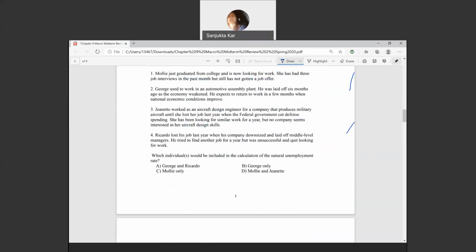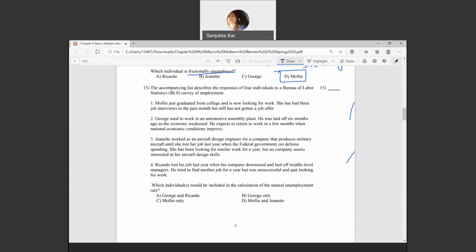Alrighty, question number 15. Which individuals should be included in the calculation of natural rate of unemployment? So whoever is frictionally unemployed and whoever is structurally unemployed will be included.